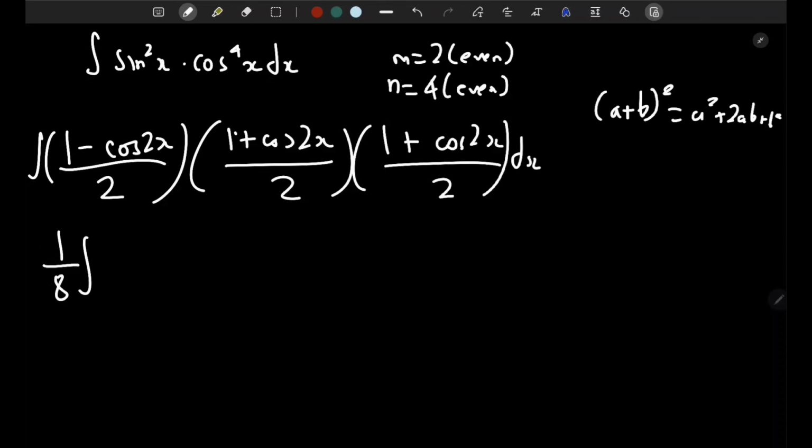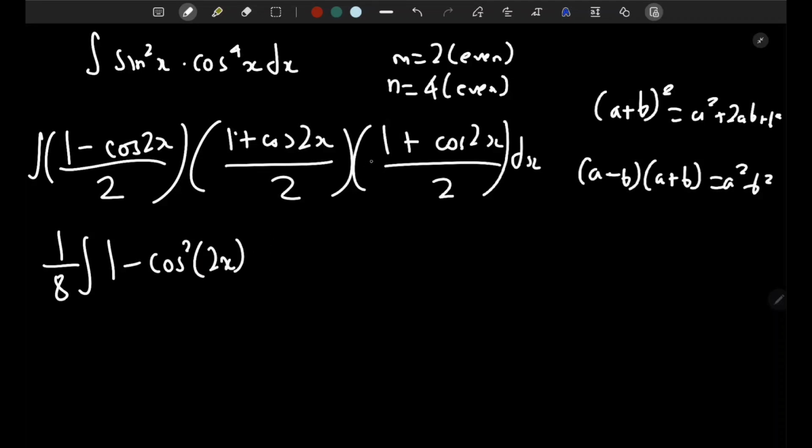now we notice, oh, I removed the perfect square formula. A squared minus b squared. So we notice that we have 1 minus cosine 2x into 1 plus cosine 2x, which is this formula over here. So we can write this part as a squared minus b squared, which is going to be 1 squared minus cosine squared 2x. Now the last bracket which is left is this one, so I'm going to multiply this by 1 plus cosine 2x dx.